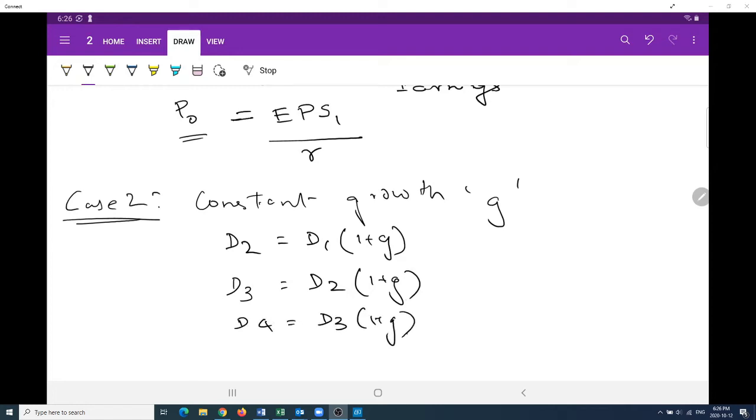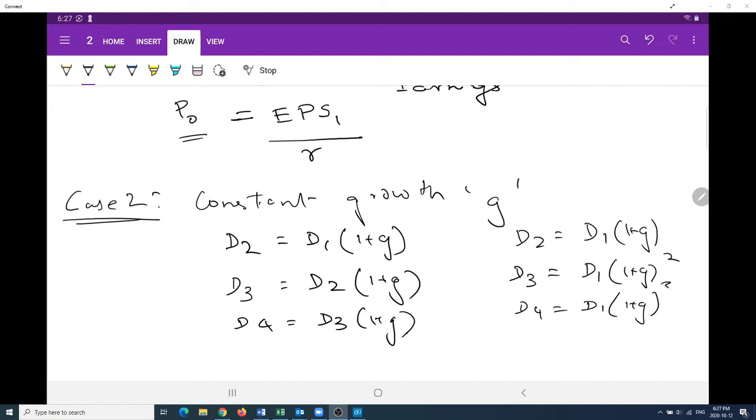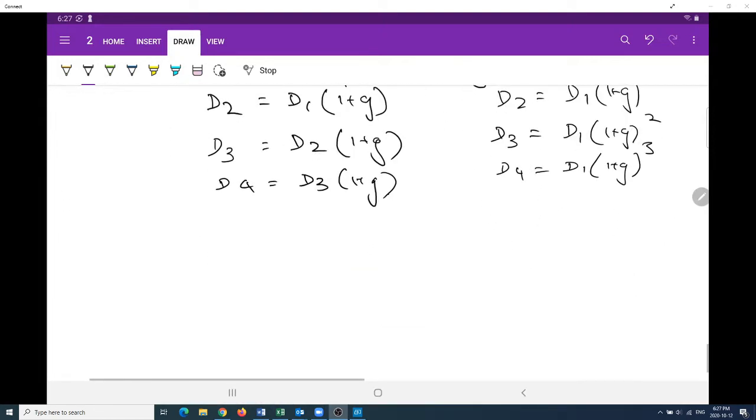Another way to write this is D2 is going to be D1 times (1 plus G), and D3 is going to be D1 times (1 plus G) squared, or D1 times (1 plus G) cubed, and so on. You can express the same thing in terms of D0 as well, but let's not go there.